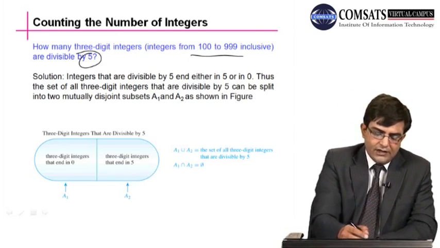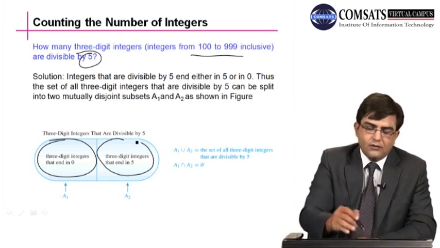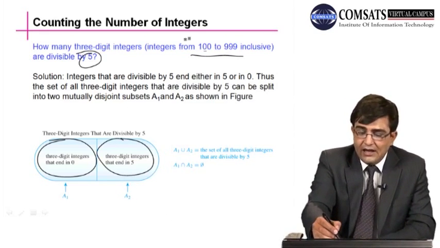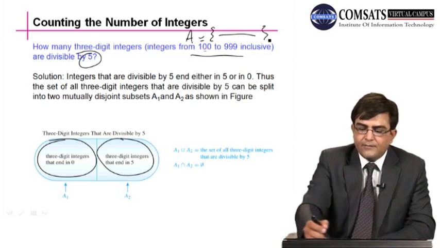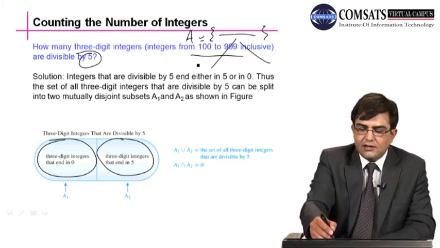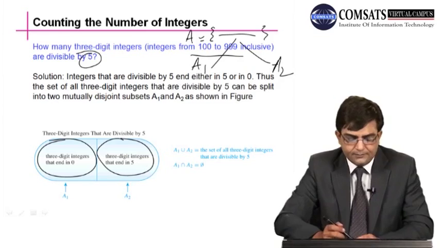So we suppose there are 2 sets, A1 and A2. A1 contains all those integers in which the end integer is 0, and A2 contains all those integers in which the end integer is 5.